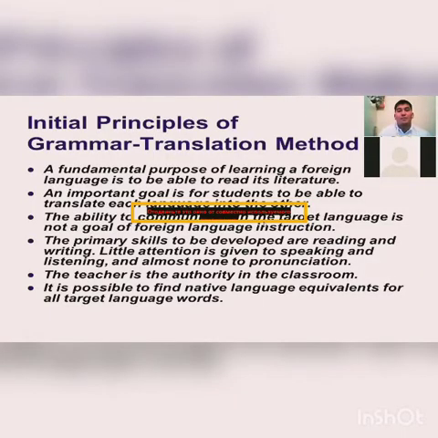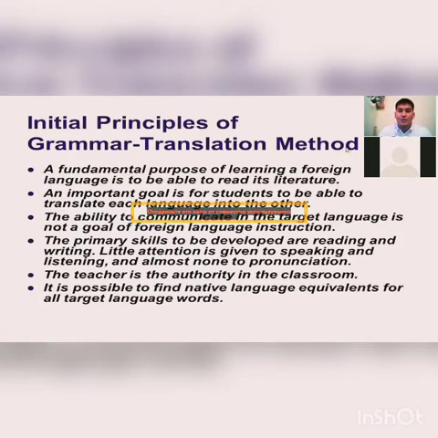So here we have the principles of the grammar translation method. The first principle is the ability to read the literature of that language, as it was back then in history, and the ability to translate from one language to another. Also to develop reading and writing skills, with no attention to speaking and listening.